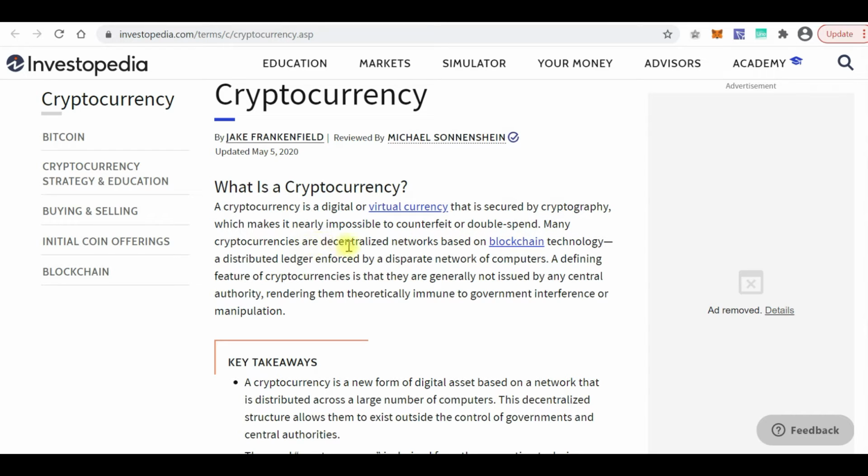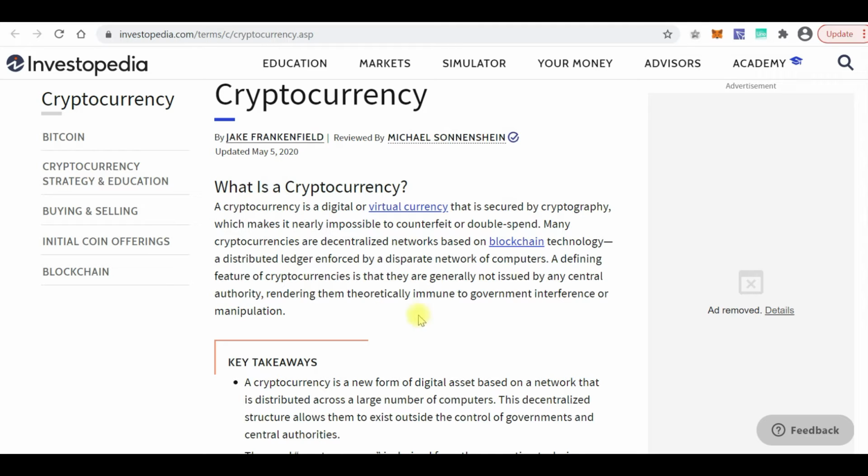Many cryptocurrencies are decentralized networks based on blockchain technology, a distributed ledger enforced by a disparate network of computers, right? A defining feature of cryptocurrencies is that they are generally not issued by any central authority, rendering them theoretically immune to government interference or manipulation, right?